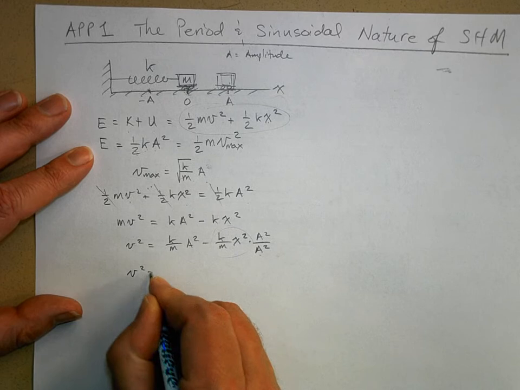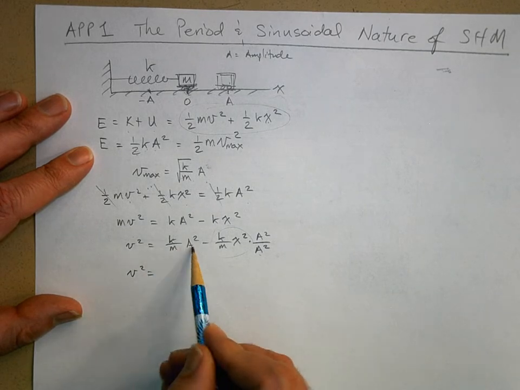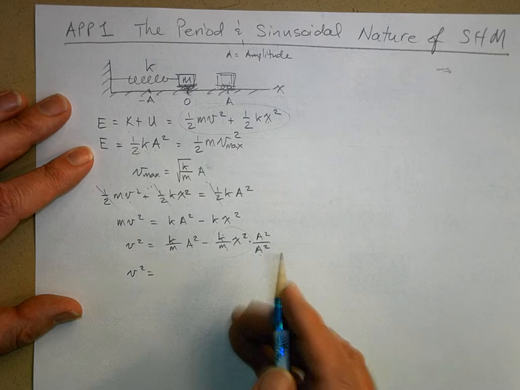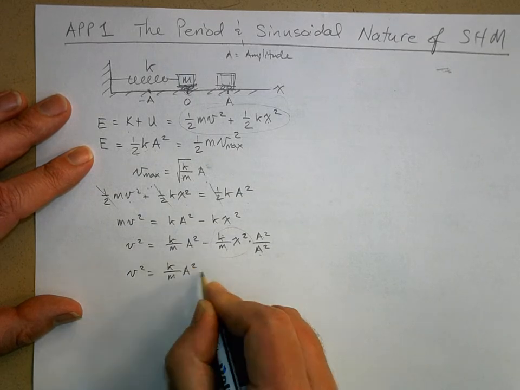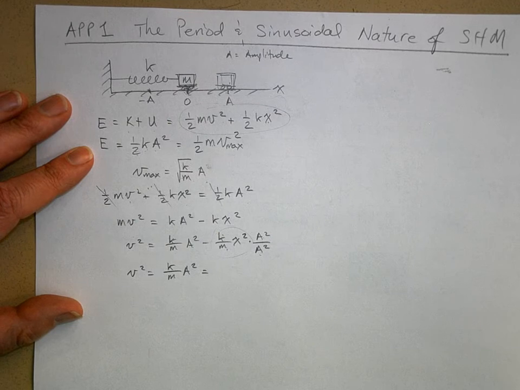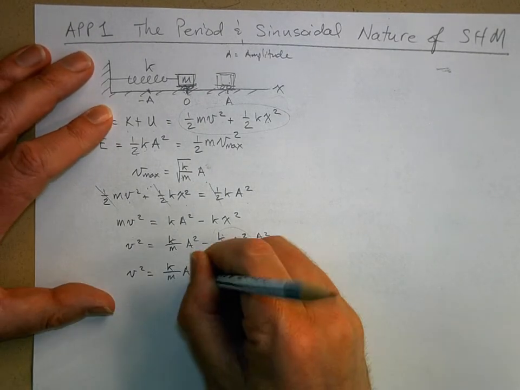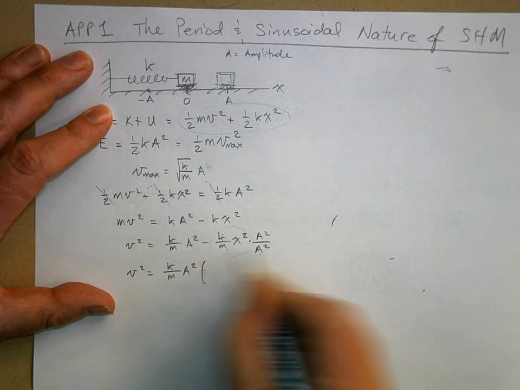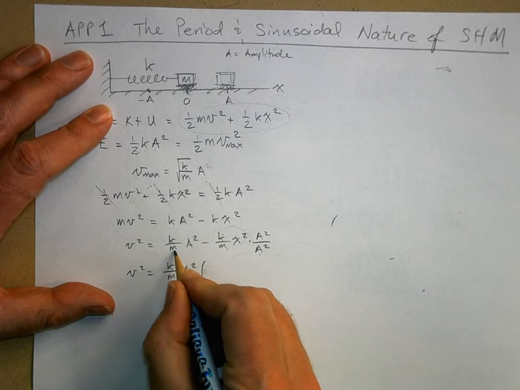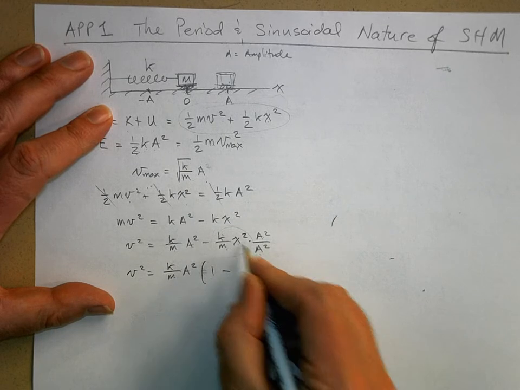I'm going to say v squared equals, I'm going to factor out a k over m and a squared from both terms. k over m a squared, not equals, times. Well, what's left in these two terms? I took all of the k over m a squared, so there's only one, minus, and then what's left over here?